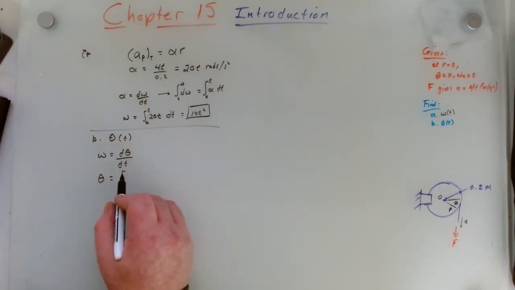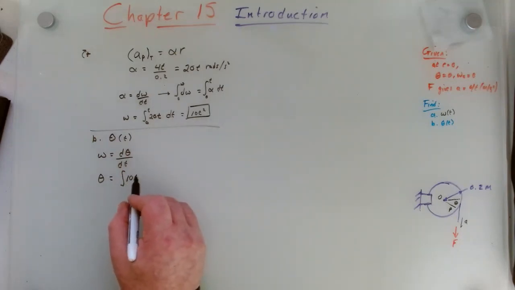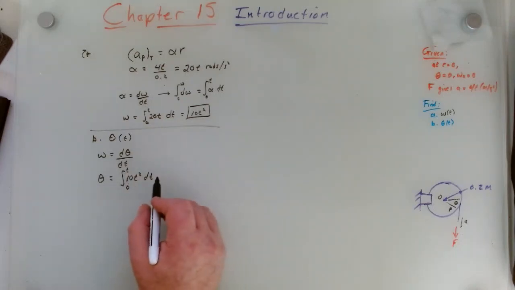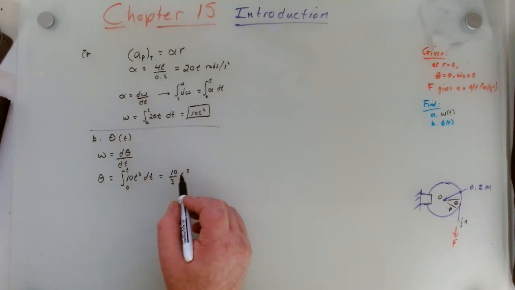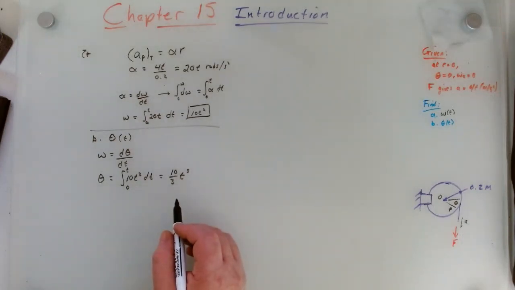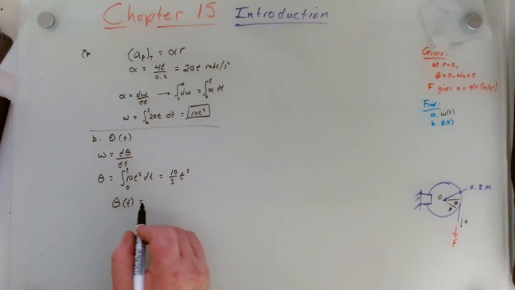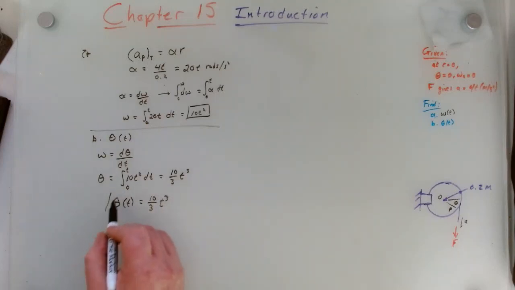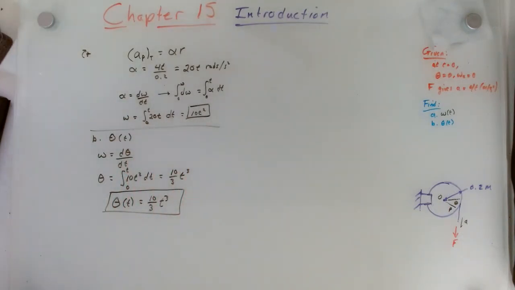It's going to equal the integral, and now we've got 10t squared dt from 0 to t, right? And what is that? That is 10/3 t cubed, right? There we go. So theta as a function of t is 10/3 t cubed, and omega as a function of t is 10t squared.